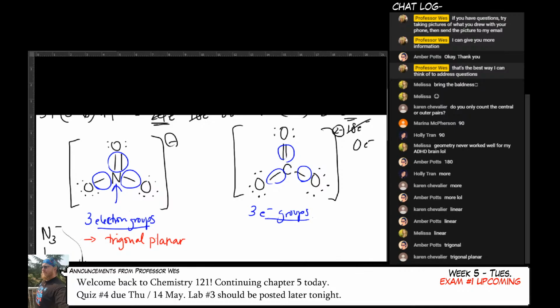Now, the next thing that we're going to do is we're going to try and determine the shape of a molecule if we consider all of the electron groups, but then we omit the spaces where we have only electron pairs, because an electron pair is really tiny.